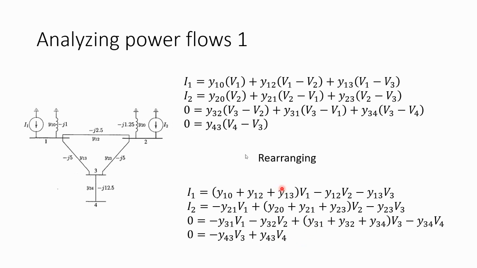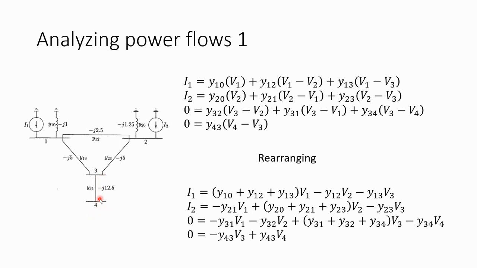Now, before I proceed further, let's take another look at equation number 4. Equation number 4 is derived based on there being no current injecting into bus 4, that's Y0 over here, and that is equal to the current exiting bus 4.